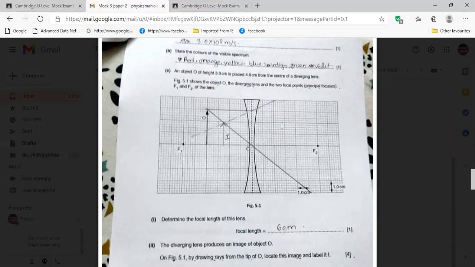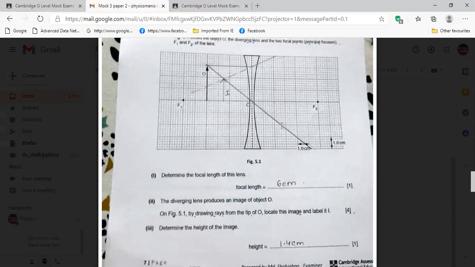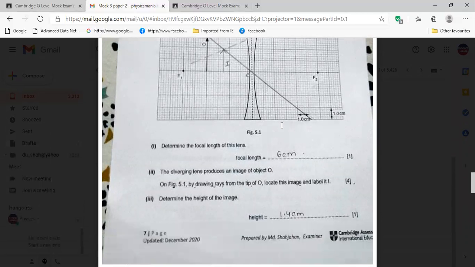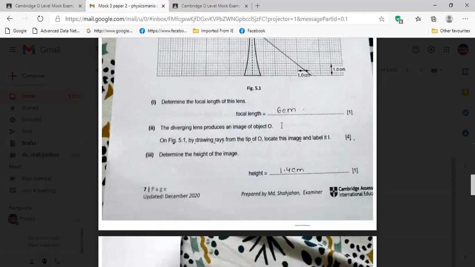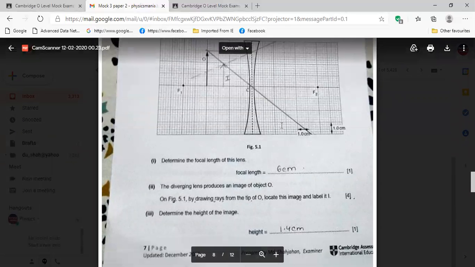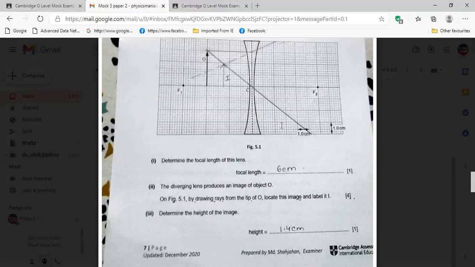So your focal length is 6 centimeter. Height of the image you got 1.4. So is it in the accepted range? You got 1.4, right? I think you did it wrongly, because it should be 1.8.